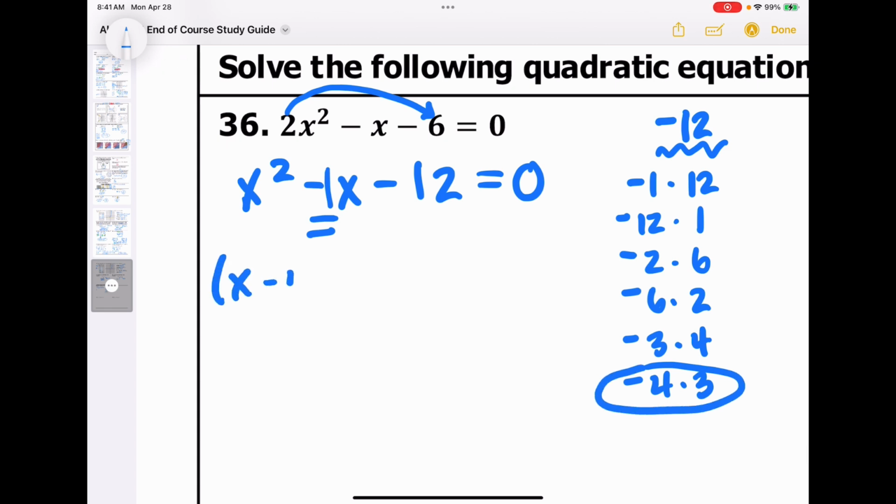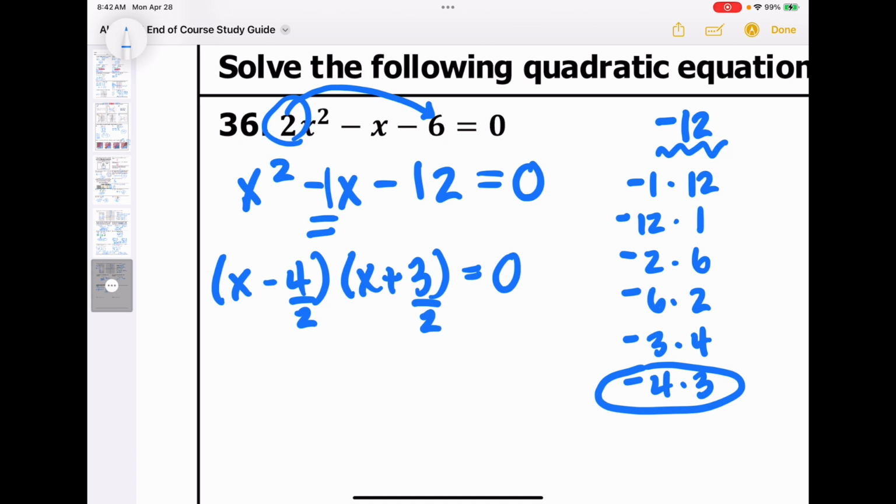So I'm going to have x minus 4 and x plus 3 in parentheses. Now, before I can divide that up and solve for x, I have to bring the 2 back in that we multiplied at the beginning. So I'm going to divide those numbers by 2. So 4 divided by 2 is 2, so this is going to become x minus 2. And then 3 over 2 gives me a decimal, so I'm just going to keep it as a fraction.